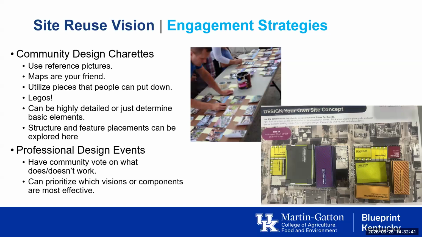Then from that information, you can say, in our reuse vision, as this becomes a pocket park, it will include X number of benches or shrubs or trees or playgrounds or whatever. So, kind of using design elements that exist elsewhere to help you articulate what your site will become.